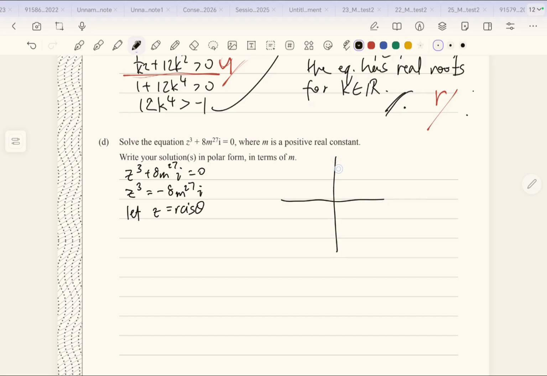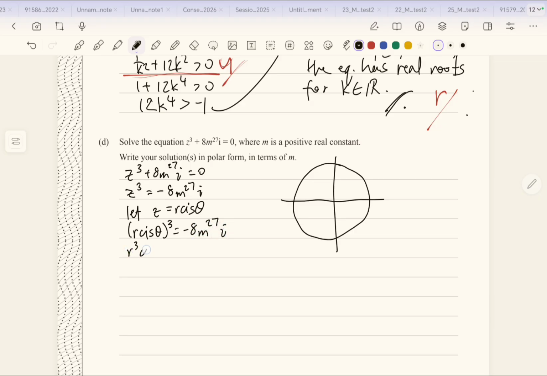I'll draw not a unit circle, but a circle centered at the origin. And now we have to take a look. So z equals r cis theta. So r cis theta cubed equals negative 8m to the 27i.